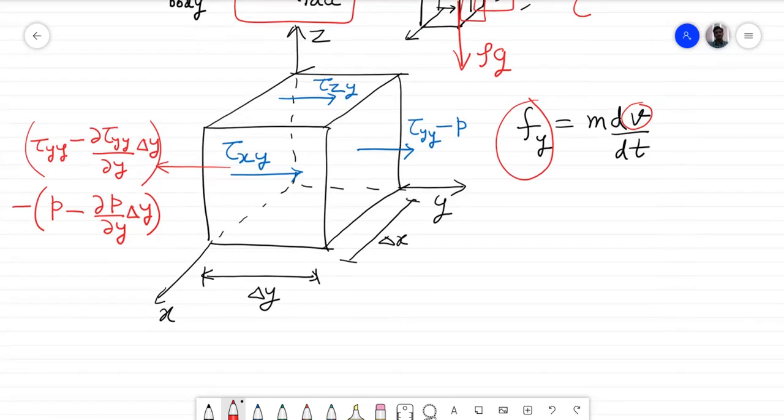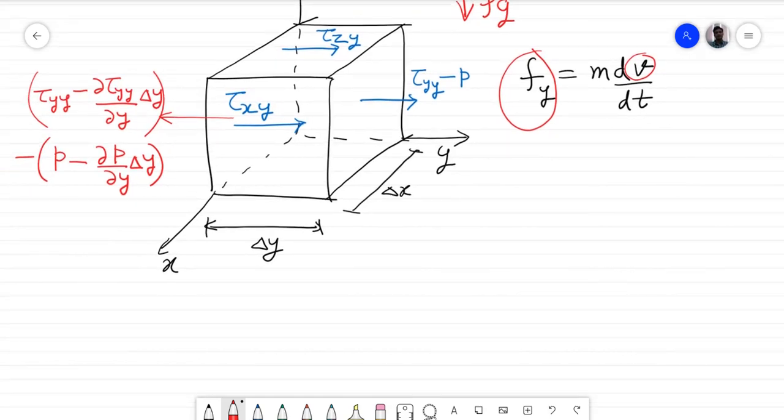In a similar fashion, we can derive the expressions for tau zy on the bottom face and tau xy on the back face. So let me write these. Let me take it out here and write. This is tau zy, and this is shifted in the z direction by negative delta z.